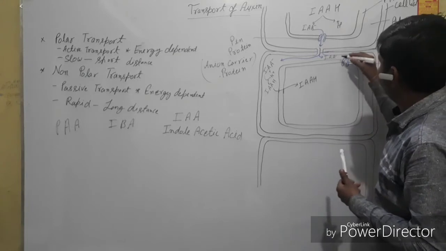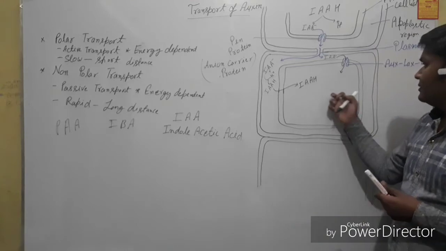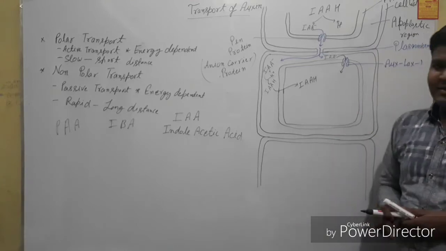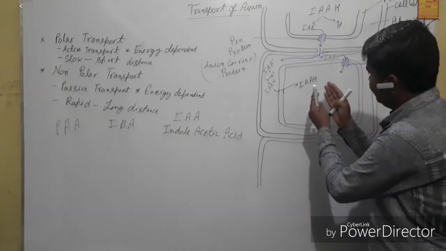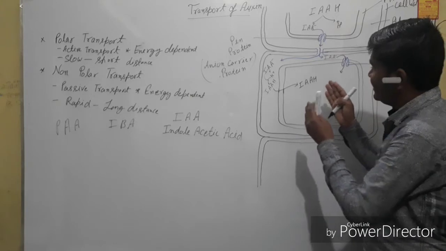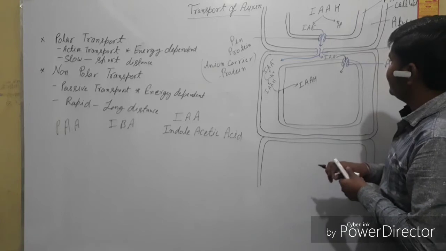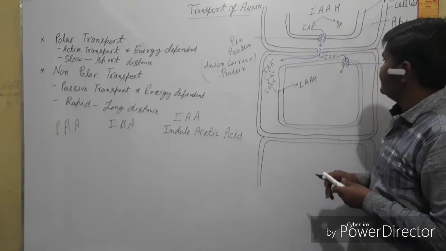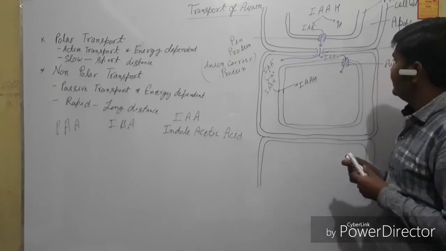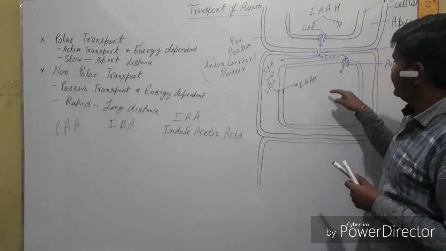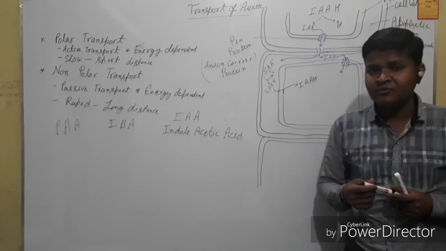With the help of the AUX-LAX1 protein, IAA minus comes inside the cytoplasmic region. Here IAAH, which is bound by the proton, also comes into the cytoplasm, and IAA minus, which is not lipophilic, comes inside the cytoplasm with the help of the AUX-LAX1 protein.